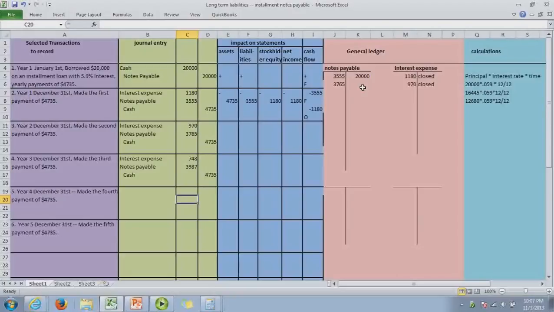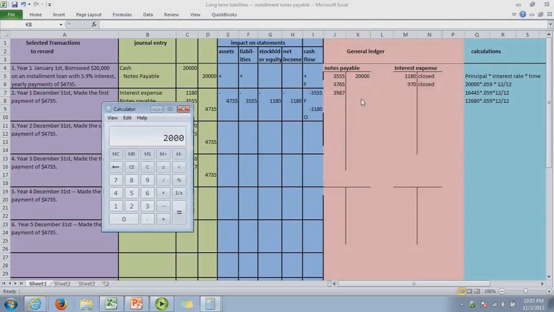So now our loan has managed to drop again by, you notice the principal reduction is increasing each time. So our unpaid balance at this point is $20,000 less the first year, less the second year, less the third year.